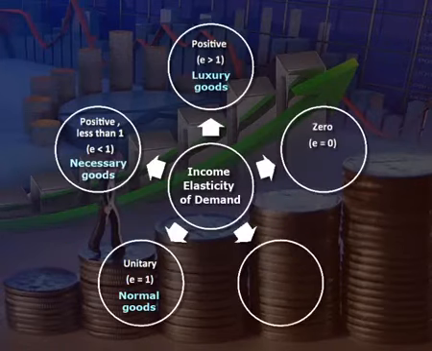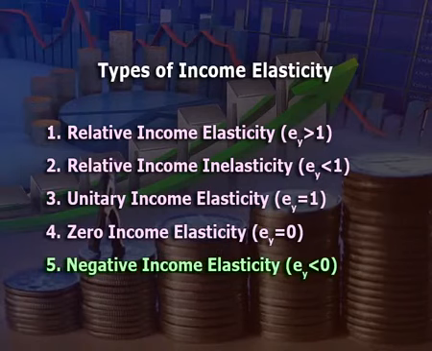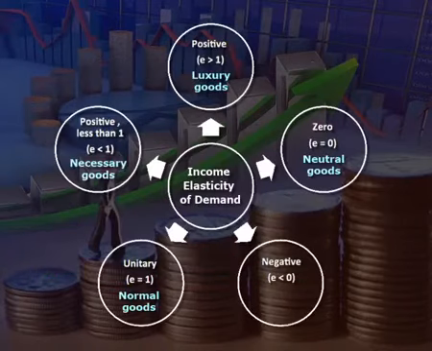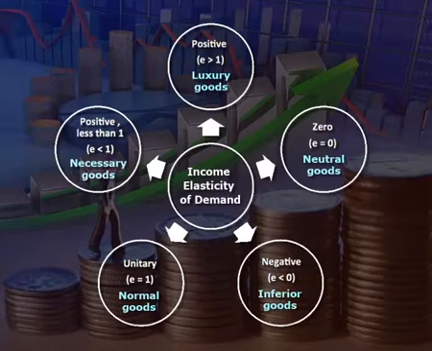A change in income has no effect on quantity demanded, generally the case with neutral goods like salt, matchbox, medicine, etc. And last is negative income elasticity, EY is less than 0. An increase in income leads to a decline in quantity demanded. Such goods are inferior goods, and as the income of the buyer increases, he shifts to superior goods and reduces the consumption of goods he feels are inferior.